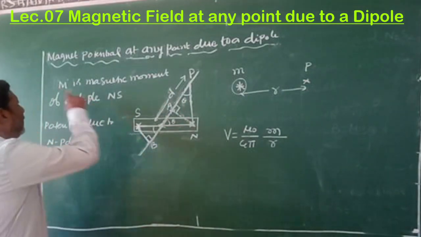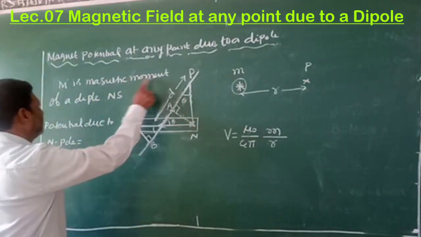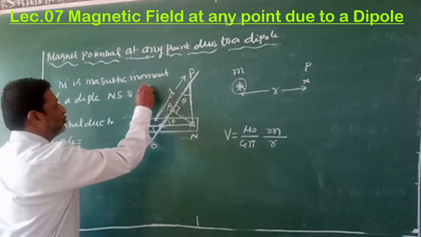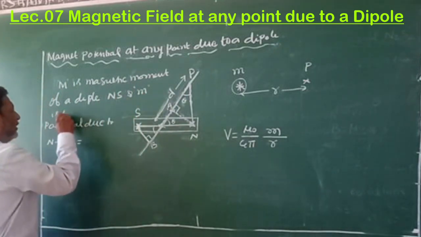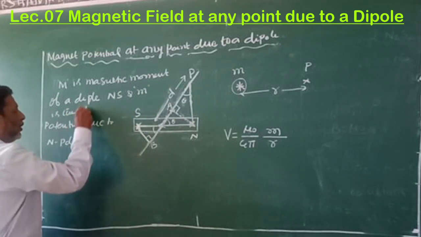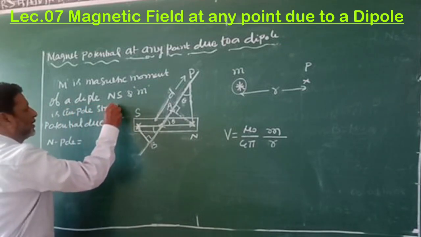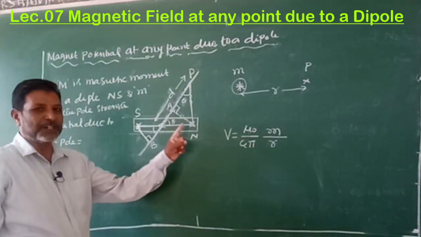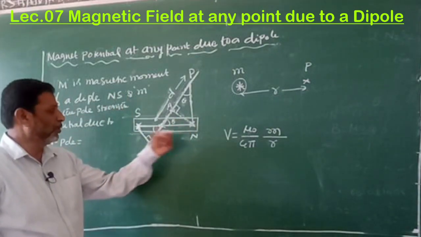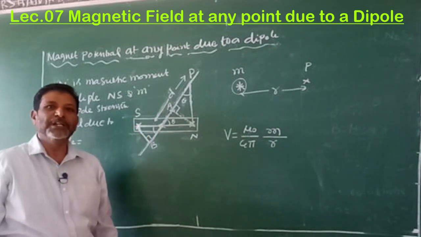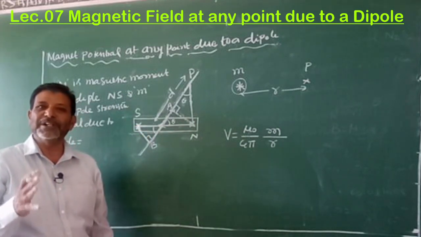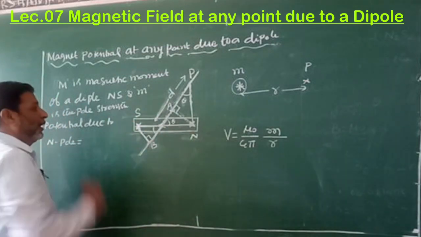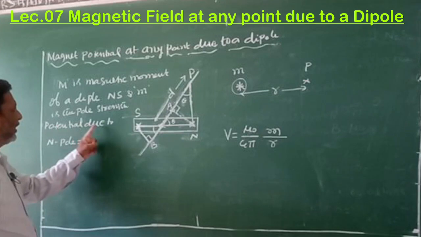Here m, small m, is the pole strength of each pole, that is the north pole and south pole. As you know, both the poles have the same pole strength, m.